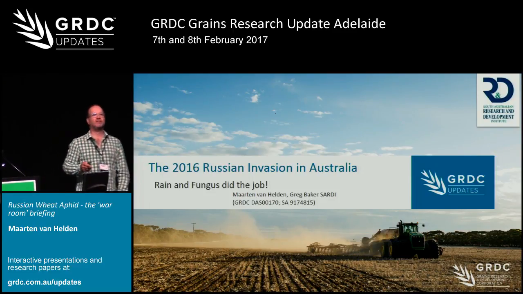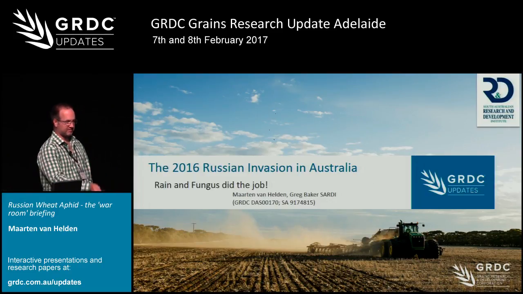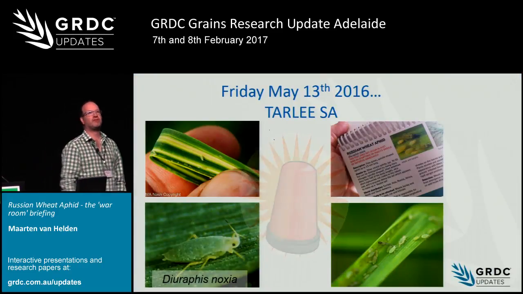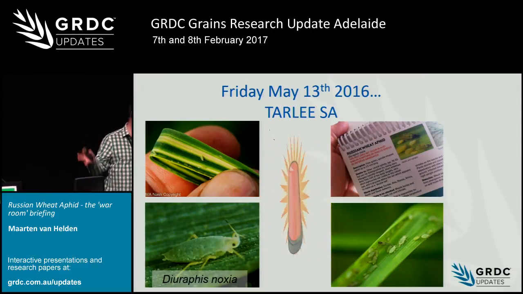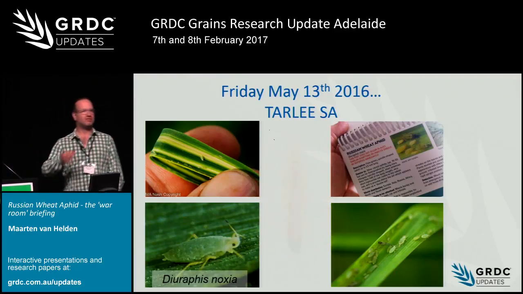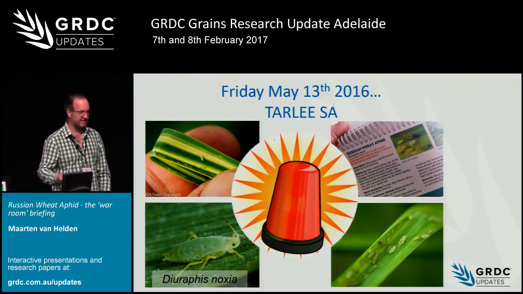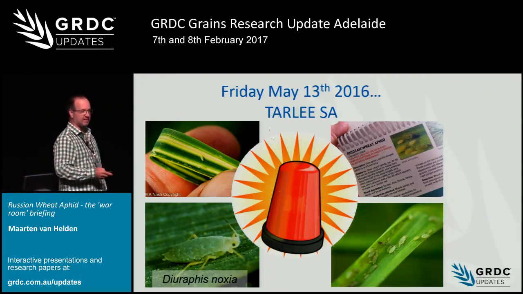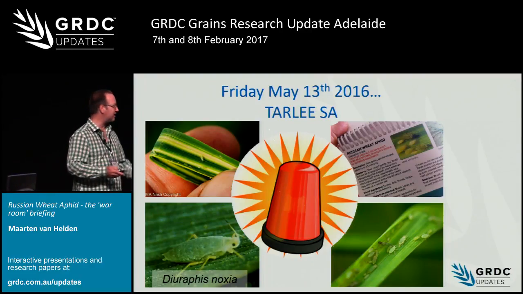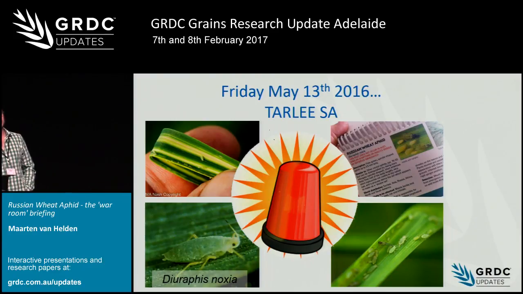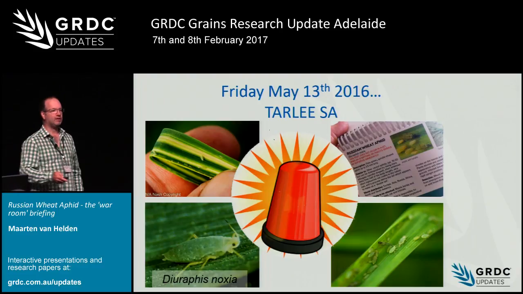What has happened here this year with Russian wheat aphids? The bomb struck, finally, after basically 30 years of fearing that the aphid would come in. Nothing happened, and now all of a sudden it's there. And it was there in a quite surprising way, because we did not find it very early, like in some of the states of the United States where they found it just locally.